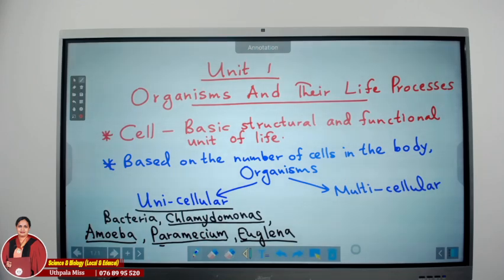Then we will watch something related to these organisms and the concept of the cell.